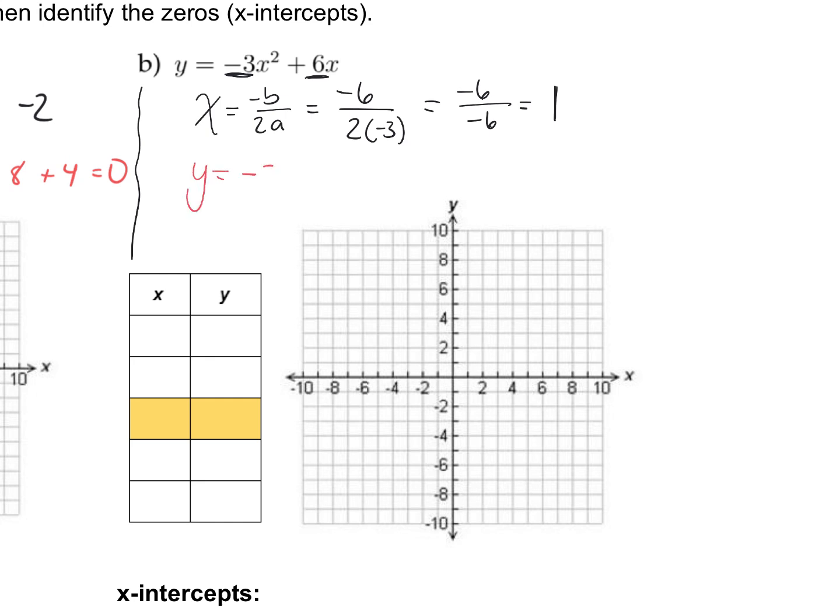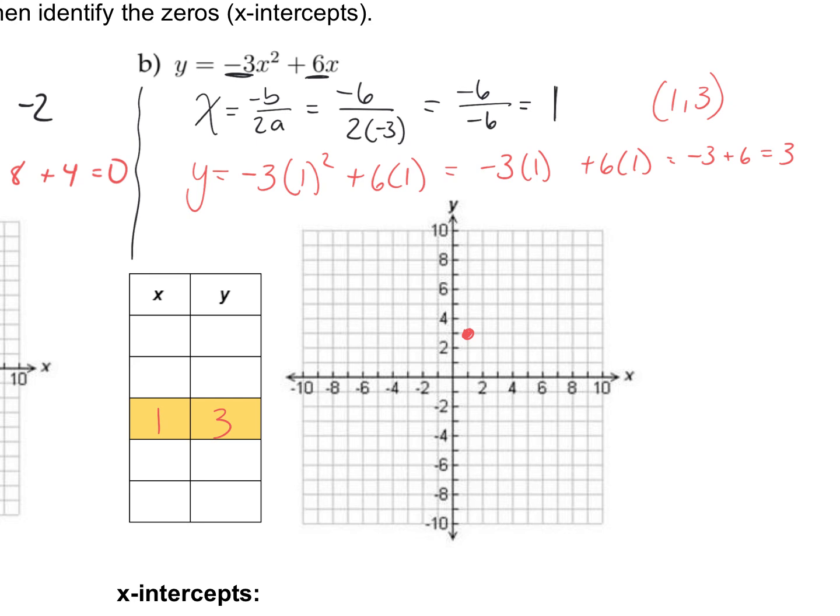Let's find our y. I'm doing negative 3 times, now plugging in that 1 for x, plus 6 times 1. Anytime we see an x, that's when we're plugging that 1 in. Now let's simplify. 1 squared is just 1, so I get negative 3 times 1 plus 6 times 1, which is negative 3 plus 6, which gives me 3. So my vertex for this would be at 1, comma 3. I'm going to put that here, and I'm also going to plot that on my graph right there.